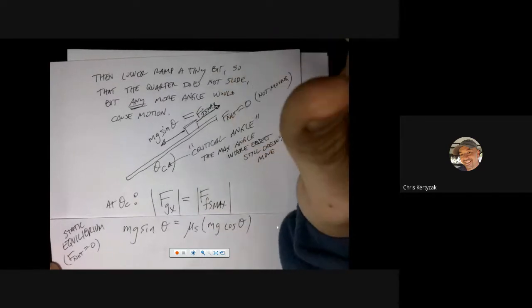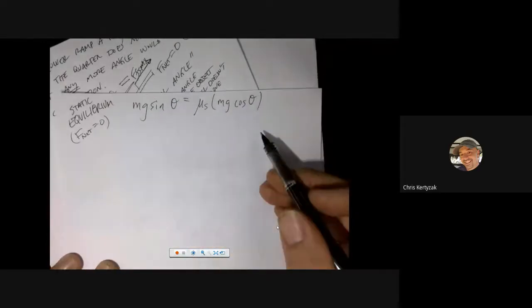It all makes sense because we already said in our original picture that mg sine theta is equal to the frictional force up. Those are balanced. And then in the perpendicular direction, the normal force that goes up is balanced with mg cos theta. Everything's balanced, right? So that's called static equilibrium. In AP Physics free response, they might say, write the static equilibrium equation that represents and models this. This is what they'd be looking for, 5 points.